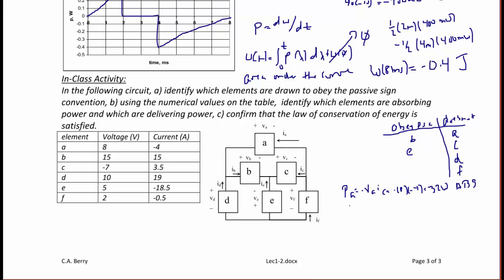For B, element B does obey the passive sign convention, so that's going to be positive VB times IB. So it's going to be positive 15 times 15, which is equal to 225 watts.